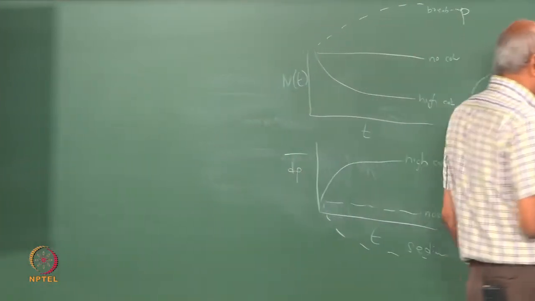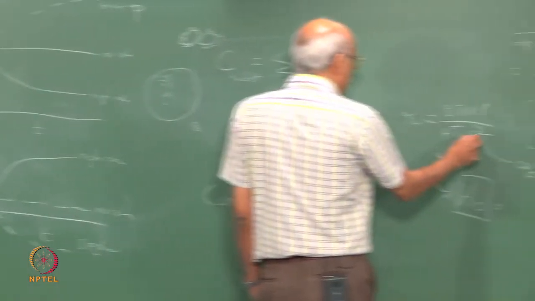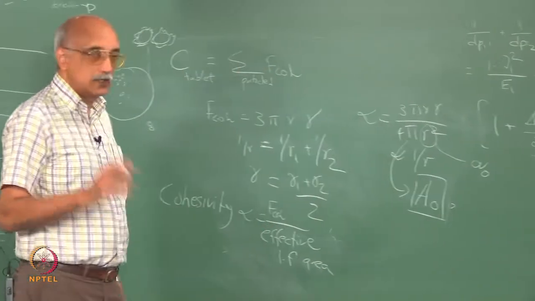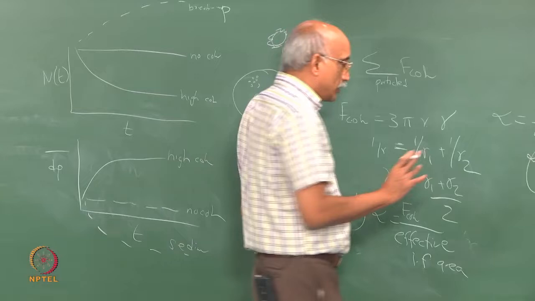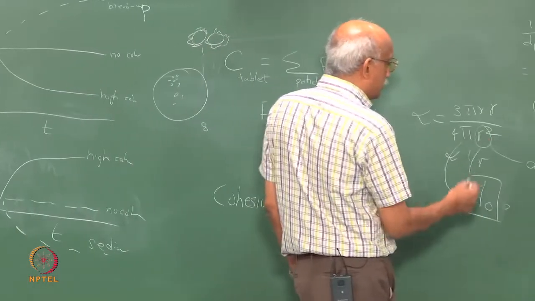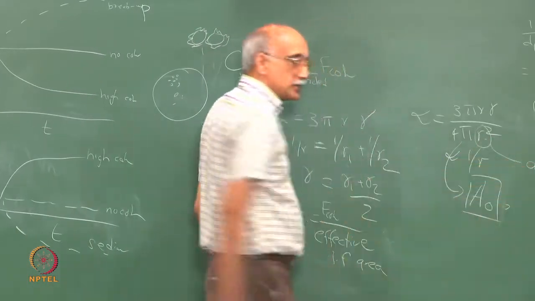Okay, so this alpha value for a smooth particle may have a certain value, but for a rough particle it may have a completely different value depending on the ratio of this r to A0.